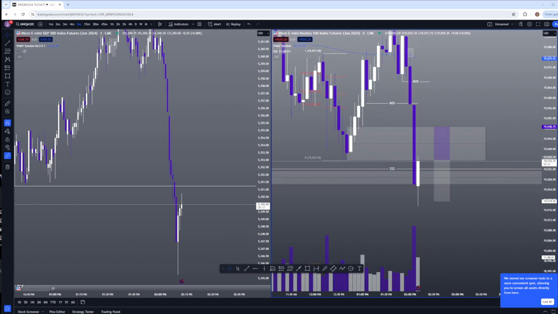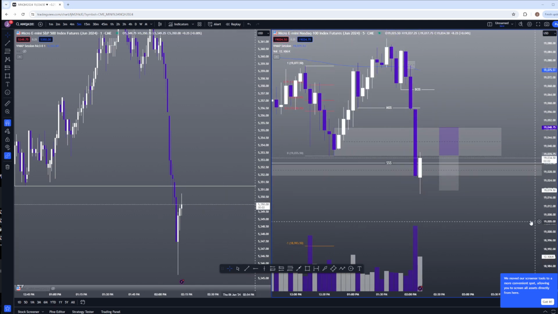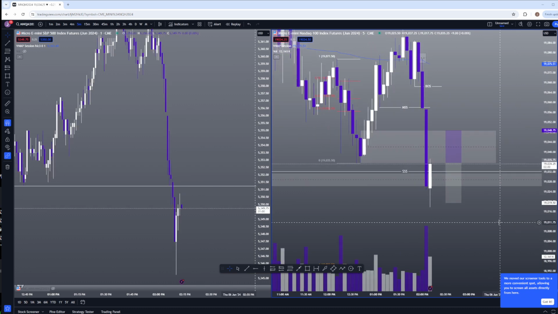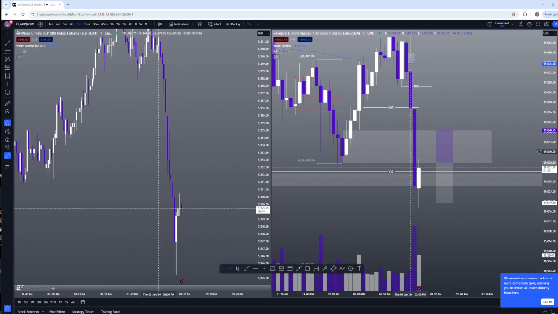So we've got just about 2 minutes left on the 15-minute candle. I do want to wait and see how that closes. Right, you could get an aggressive entry off that 5-minute breaker if you want to.